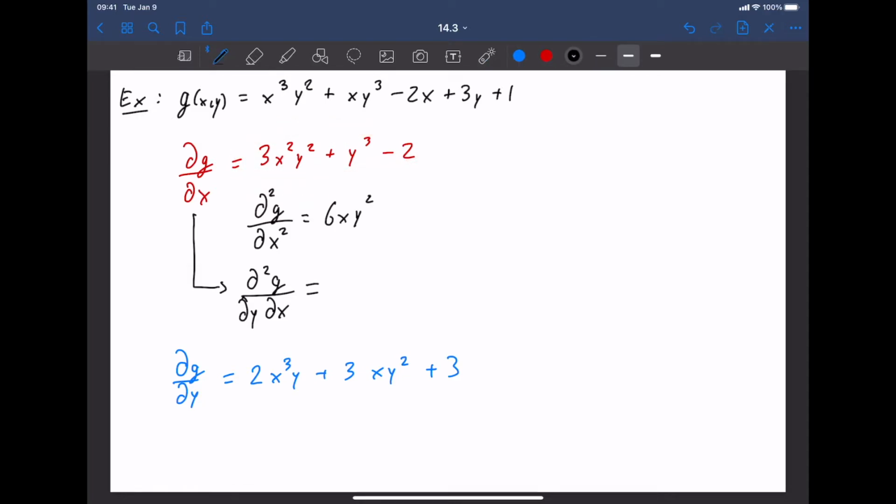Okay. You can try that out yourself, or you can follow along. Here I go. 3, 2, 1. This stuff's now constant. I'm going to bring the y squared down, subtract 1 from the power. I got 6x squared y. This is now relevant. 3y squared. The 2 is a constant. Okay? That's all there is to it.